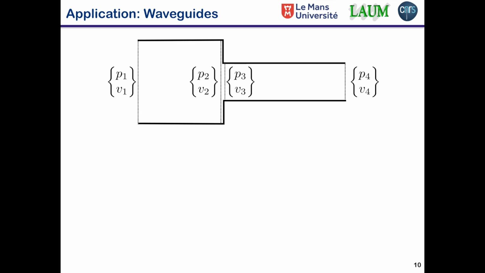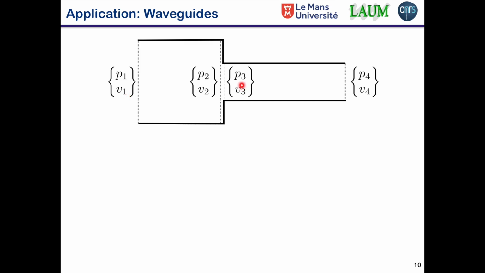And then if we write the physics, the idea is to write the relation between P2 V2 and P1 V1. For that, as this is a linear system, we have a kind of matrix called the transfer matrix, which can give the relation between P2 V2 and P1 V1.